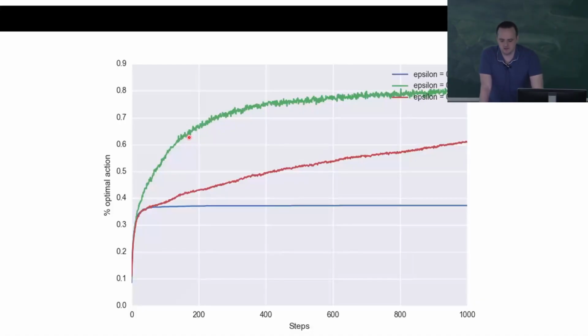Why? Because this one, even though it learns a little bit faster, let's say there were 10 different actions, still 1 out of every 10 times, it's going to be choosing the wrong thing, right? Or 1 out of every 9 times, I guess, on average. But this one will be only choosing the wrong thing 1 out of every 100 times, eventually.